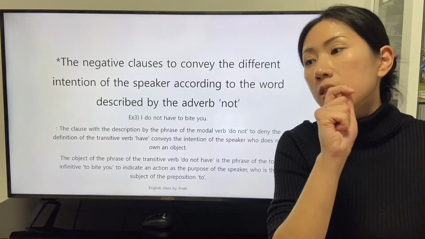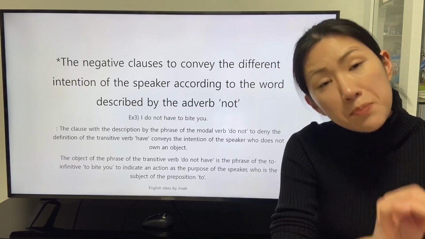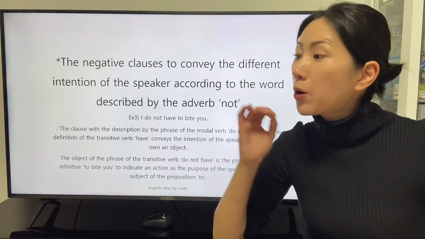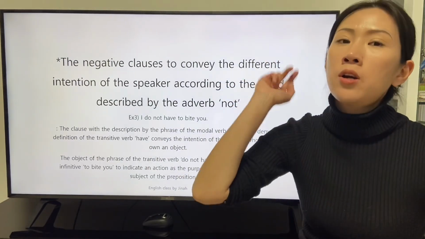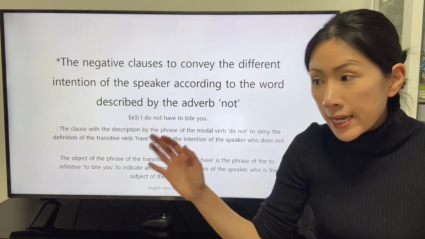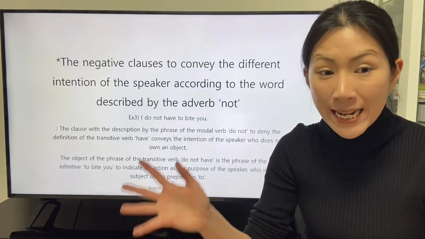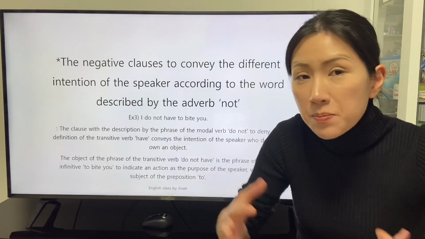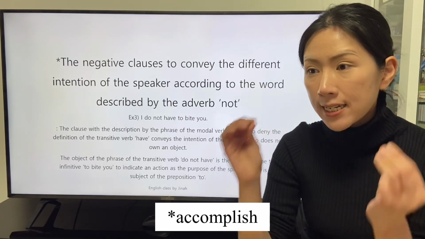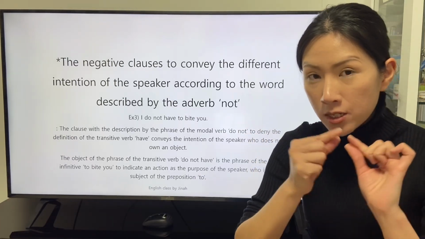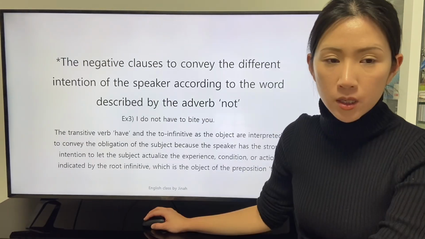The fact that the subject has a purpose about an experience, a condition, or an action is about that the subject tries hard to reach the experience, the condition, or the action.